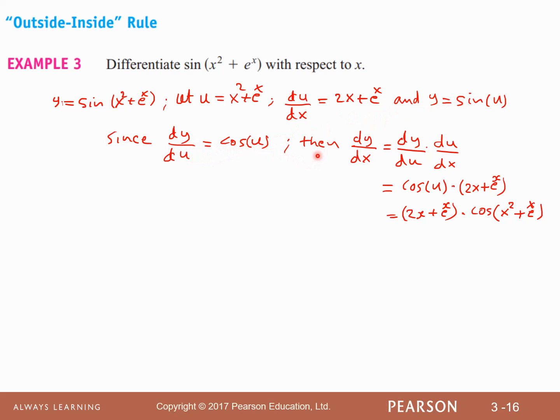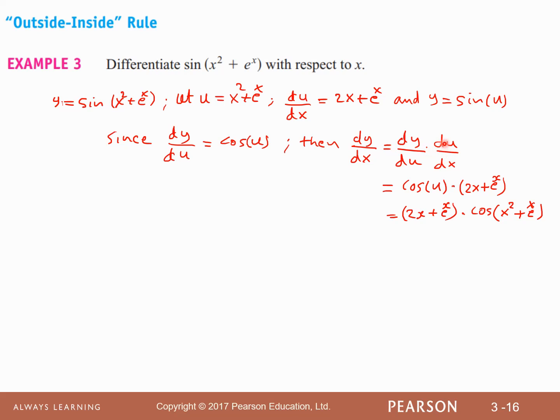Then we can use the rule, where the rule states dy by dx equals differentiation of the outside and then differentiation of the inside. Differentiation of the outside is the cosine u, because we are differentiating with respect to y. So y is equal to sine u, differentiation of y is cosine u. So we have cosine u over here. And then dy by du multiplied by du by dx.